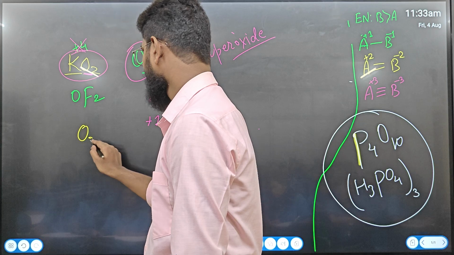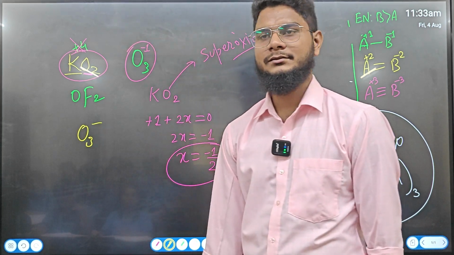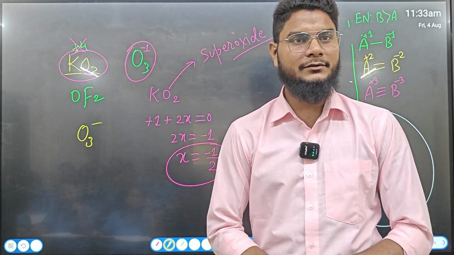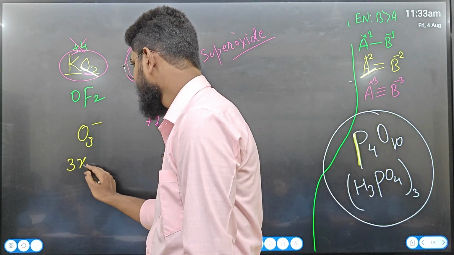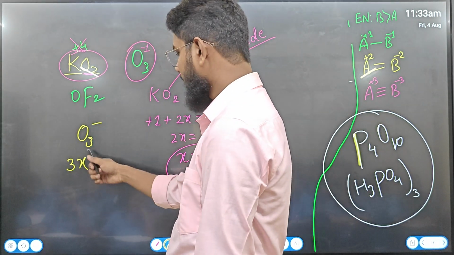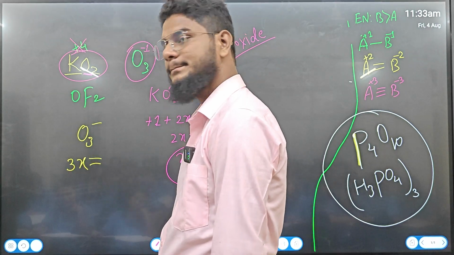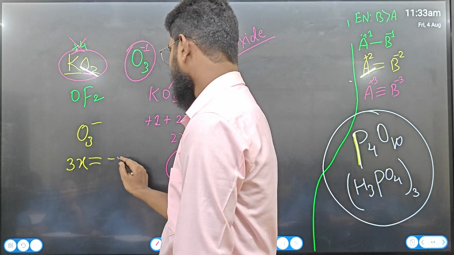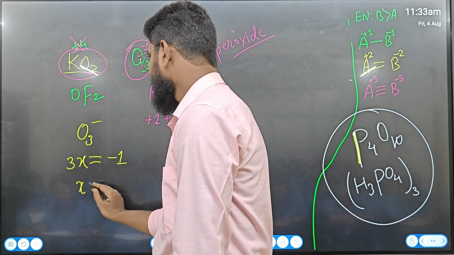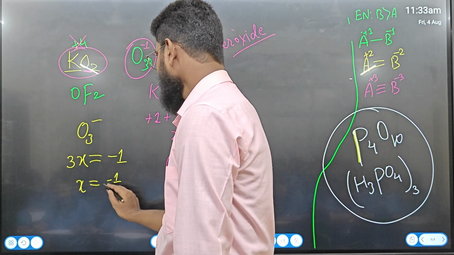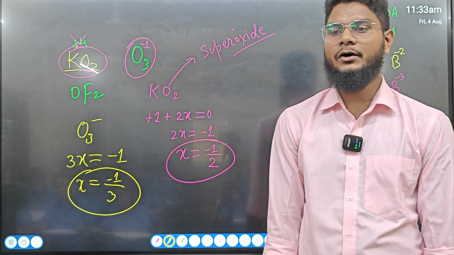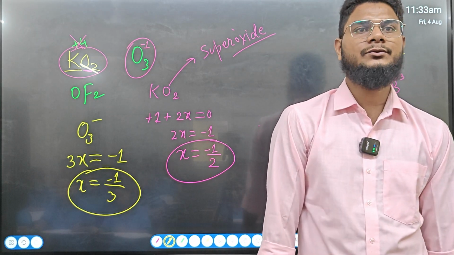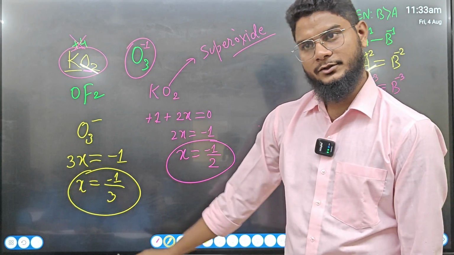It's very simple. You have to find the oxidation state of oxygen here. How many oxygens are there? 3x is equal to -1. So x is equal to -1/3. In the O3 minus form, oxygen is present in -1/3 oxidation state.